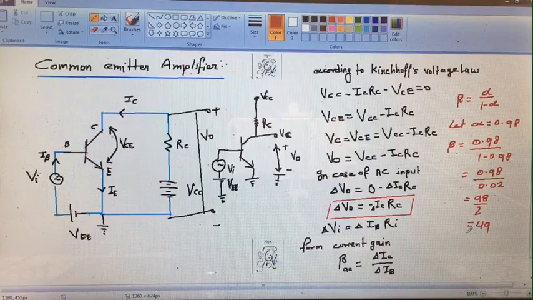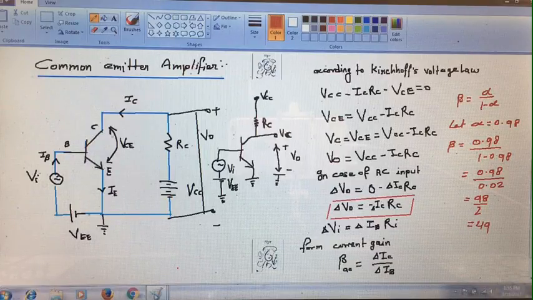Our next point to discuss now is voltage gain.